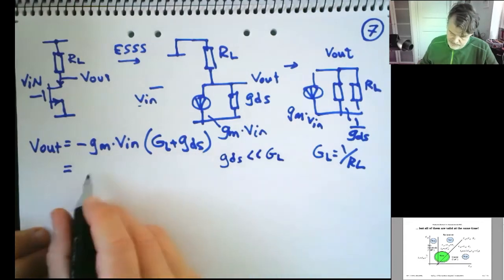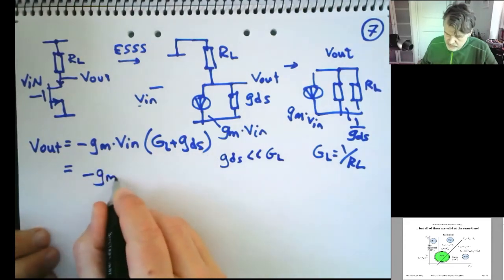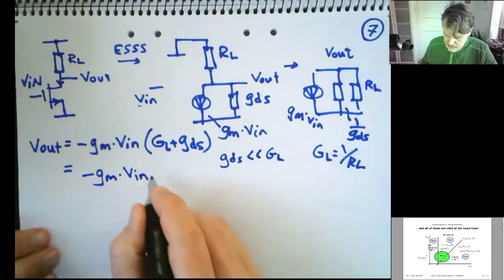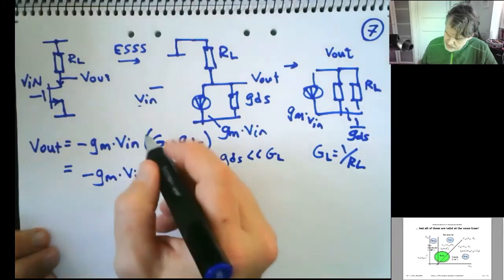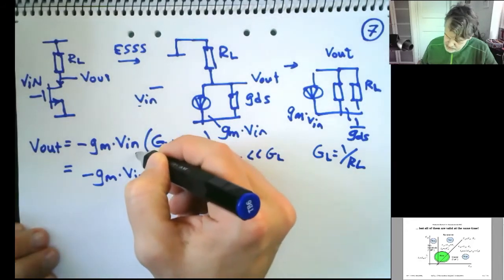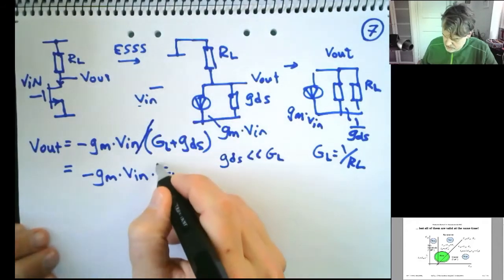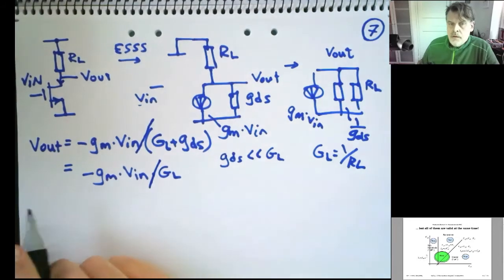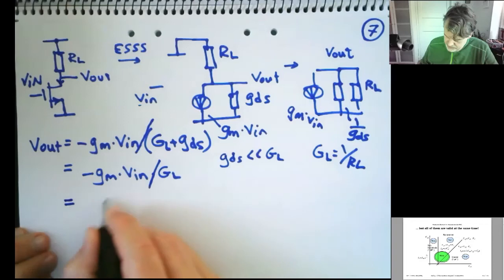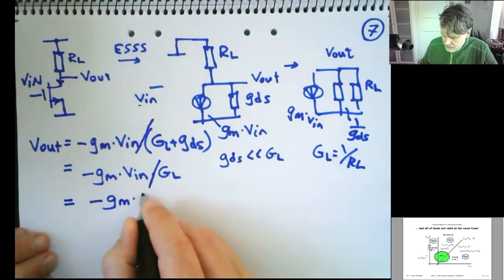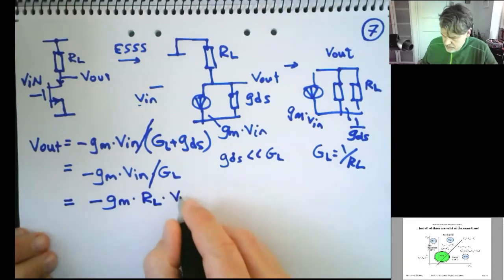So let's look at that. So that gives us minus GM times V in times GL. Sorry, I should have divided by, my excuse. Divided by GL. All right. And then that's equal to minus GM times RL times V in.